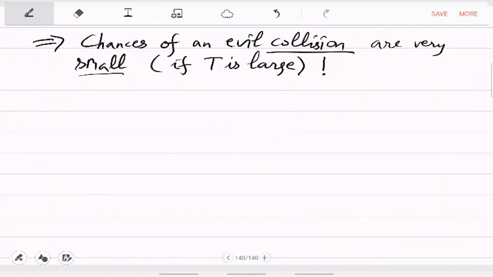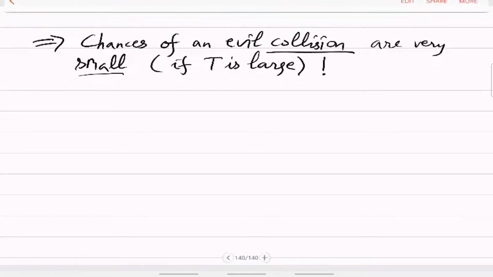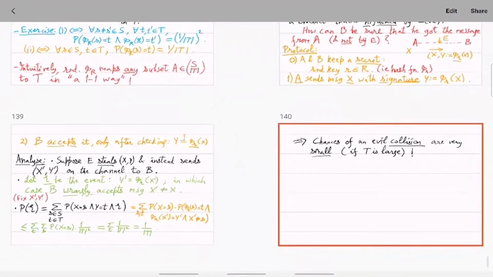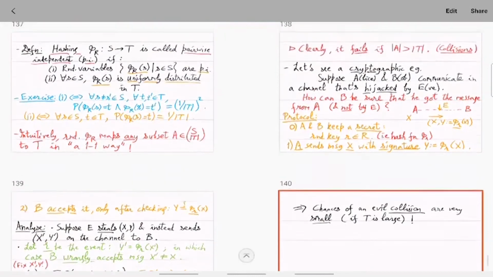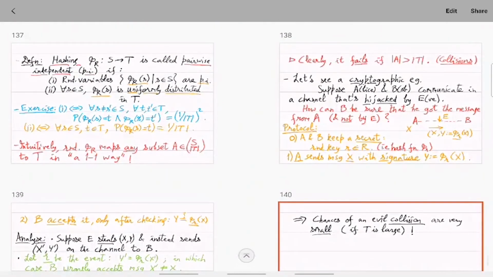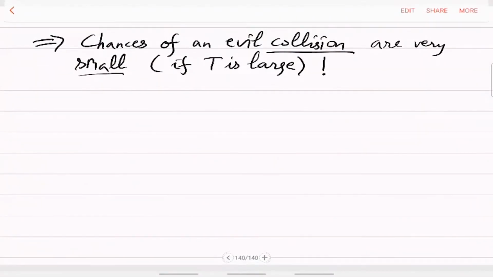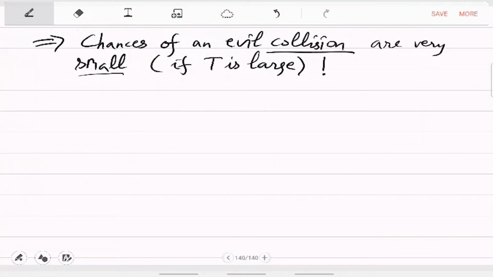Maybe I will also quickly talk about how a hash function is implemented. At this point you may not even believe that it exists. We have only defined it and then we saw an application, but should it exist? So let us see a quick idea to implement.